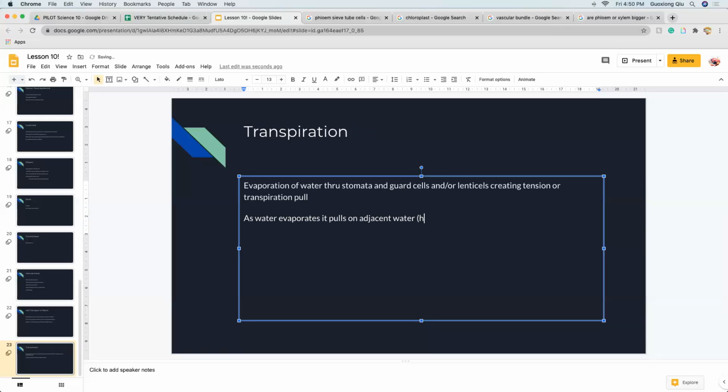Since water is hydrophilic, that means it's attracted to water. Water is attracted to itself. Think of magnets. They attract each other. Water attracts itself. So as water leaves the plant, it pulls on nearby water while it leaves.